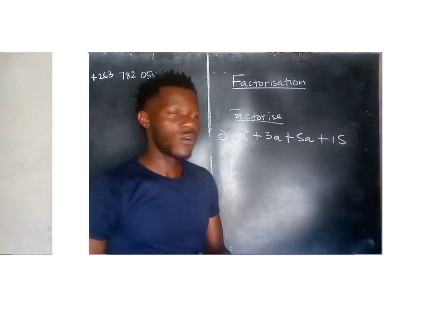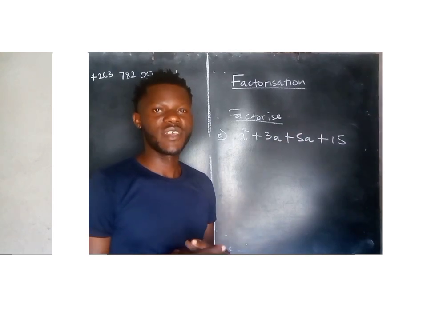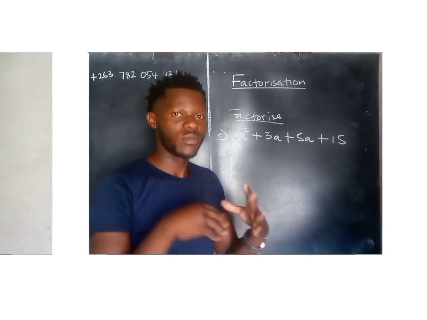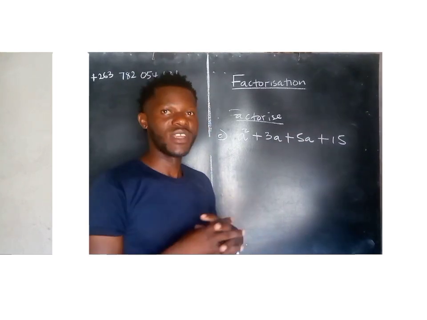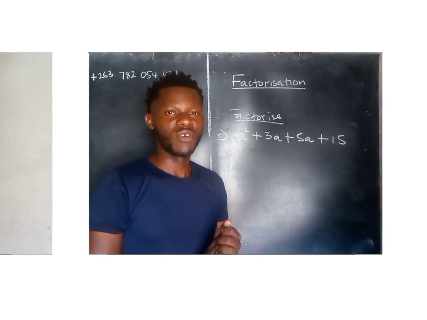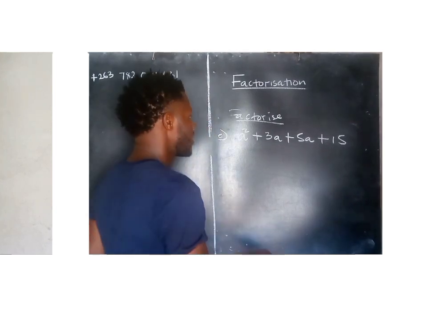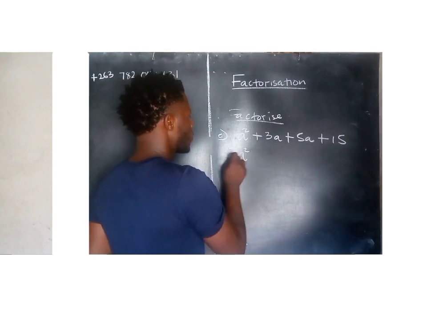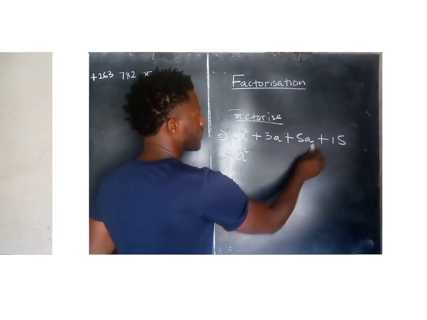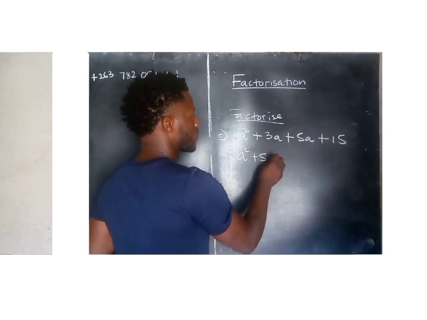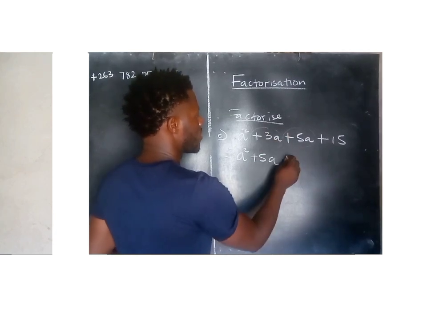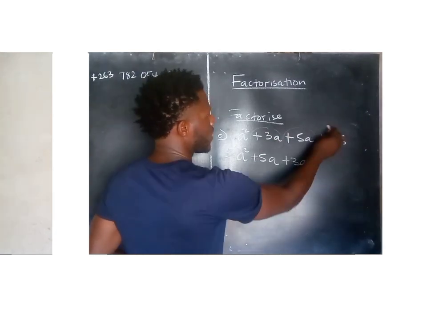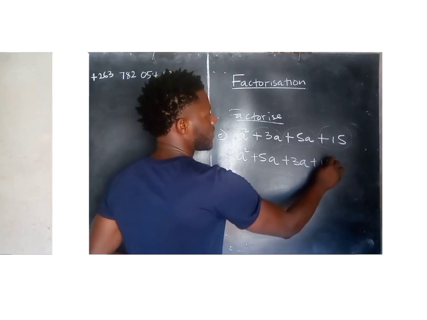Sometimes when given 4 terms that are to be factorized, you can even regroup the terms in your own way, in your own pattern, but you still get the same correct answer. I might start by regrouping, probably like this: A squared, then I'll take 5A, then I'll take plus 3A, and lastly plus 15.